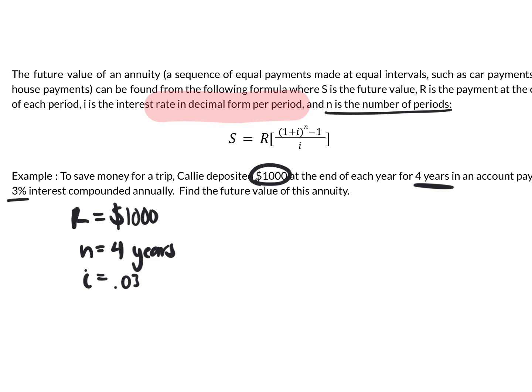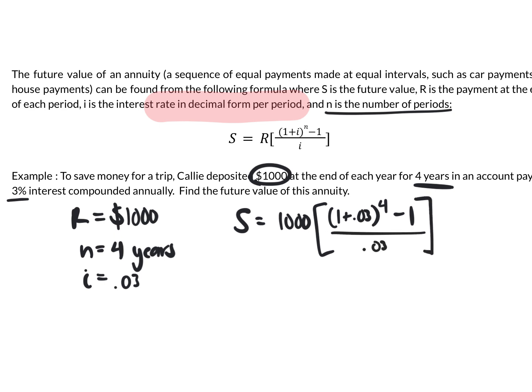And now I can just plug this information in. So the future value of this annuity would be S is equal to 1,000 times (1 plus 0.03)^4 minus 1, all divided by 0.03.